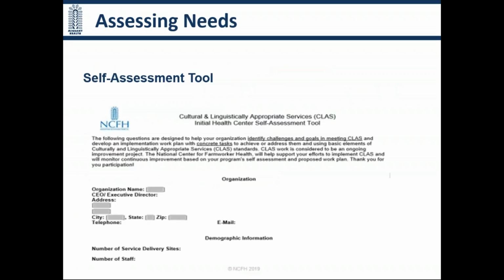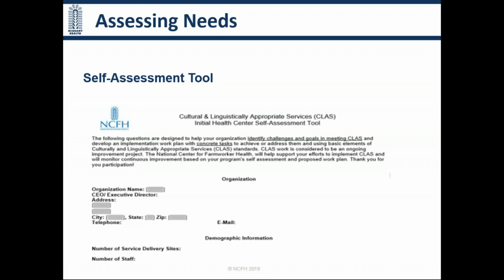Okay, so assessing needs is very important. One of the errors that we've seen organizations make is not fully assessing their efforts around CLAS. Assessing the needs is important in helping to bring awareness of what you're already doing and the areas that need work.